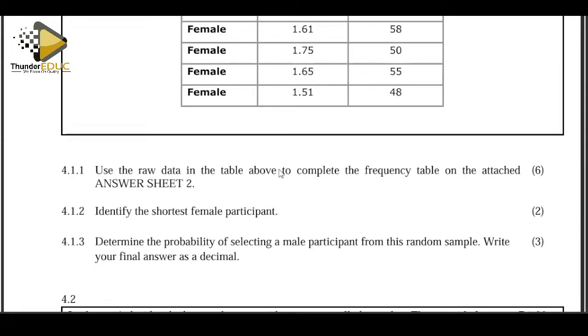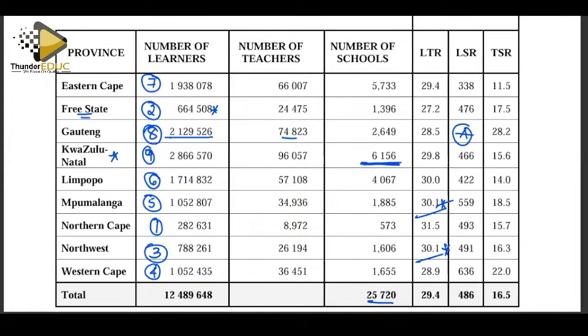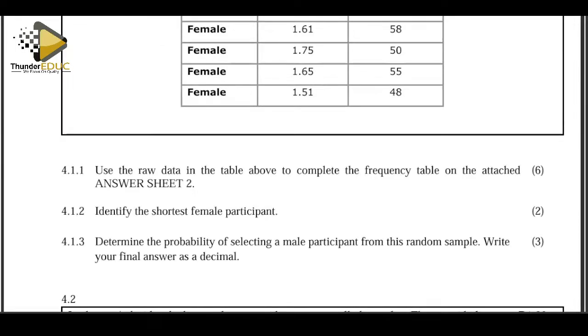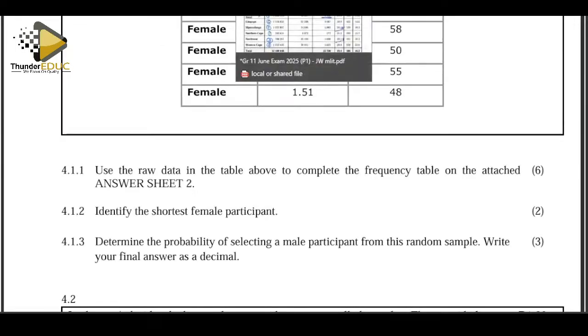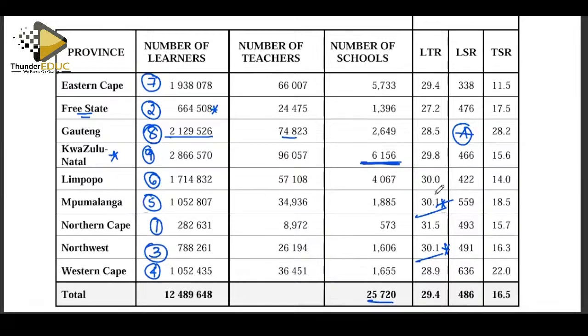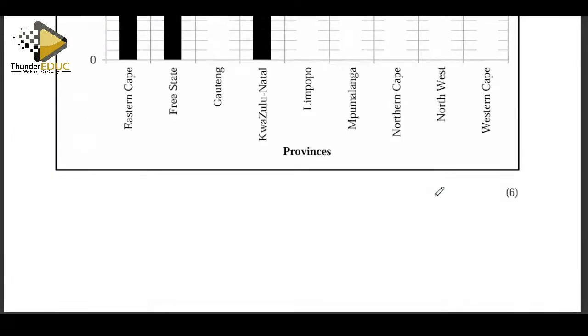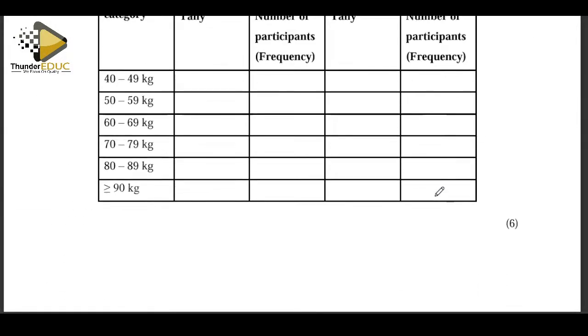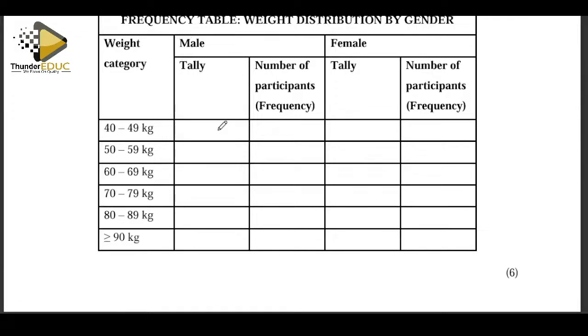So let's do that, and we see the raw data. Then let's come here. We're going to look at how many males we have.